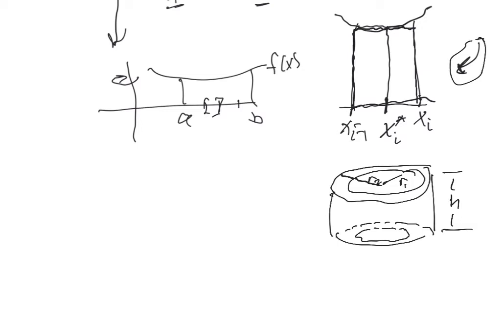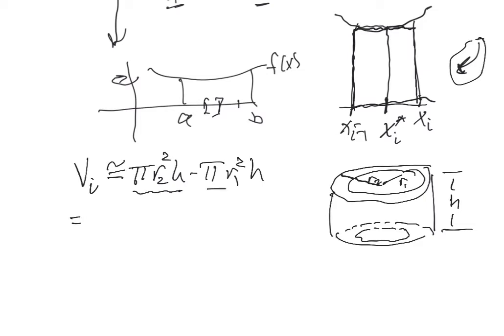And then v sub i, the volume generated by the ith subinterval, is approximately equal to the formula for volume of a cylinder, pi r2 squared h minus pi r1 squared h. Okay, the volume of the outer cylinder minus the volume of the inner cylinder.